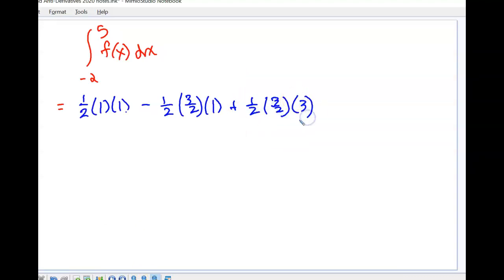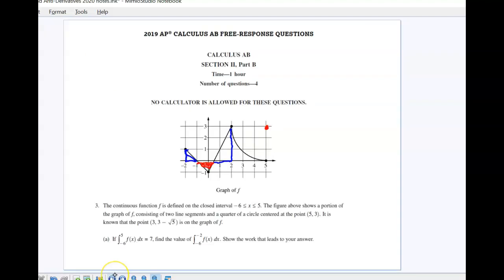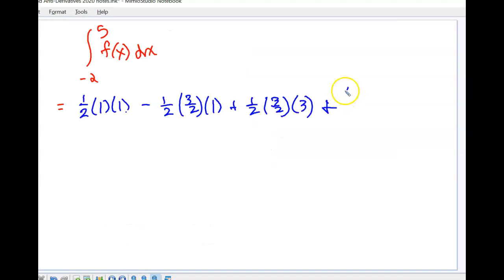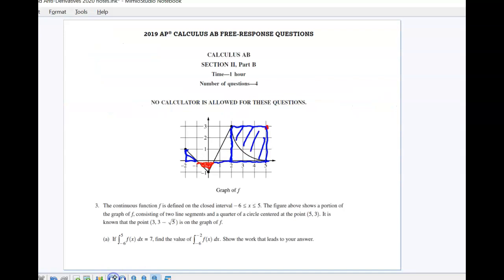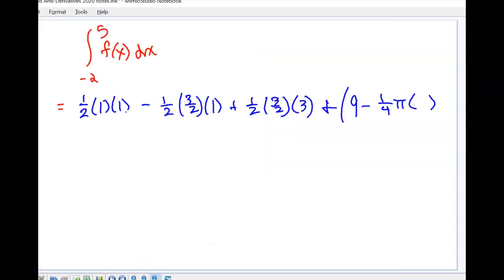3/2 times 3 plus, now to figure out this area under the quarter of a circle, I'm going to take this whole square, which is 3 by 3, which is 9, and I am going to subtract the area of this quarter of a circle. So to figure out that last part, it's going to be 9 minus a quarter of a circle, which is 1/4 pi r squared, and the radius of this circle is 3.